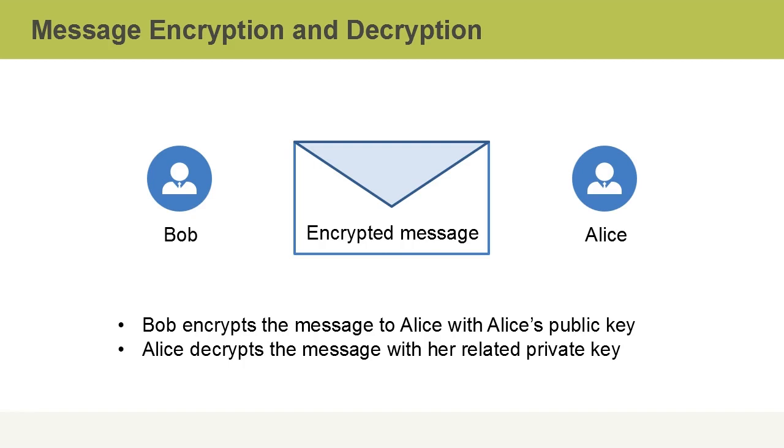Now, perhaps Alice exported it and provided it to Bob, or perhaps Bob was able to read that from a centralized address book. There are many ways to acquire public keys, and it's okay to share public keys with everybody. That's why they're called public. So again, Bob encrypts the message to Alice with her public key. Alice, on the other hand, will decrypt the message with her related private key, to which only she should have access.